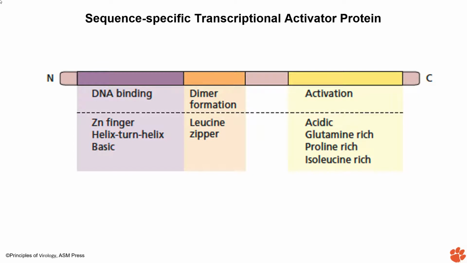The next part we are looking at is the sequence-specific transcriptional activator protein. Remember what we talked about, these histone modifications are happening all throughout. Whereas here, these are the specific proteins that bind to specific sequences. The DNA binding proteins have some specific features.